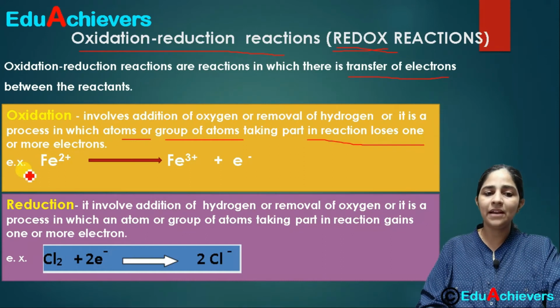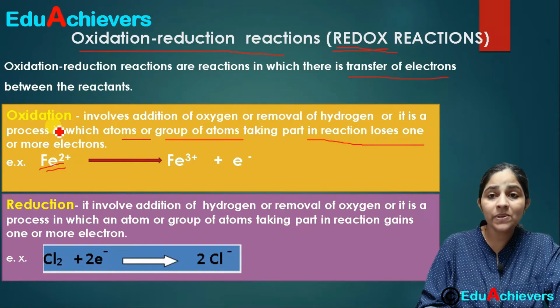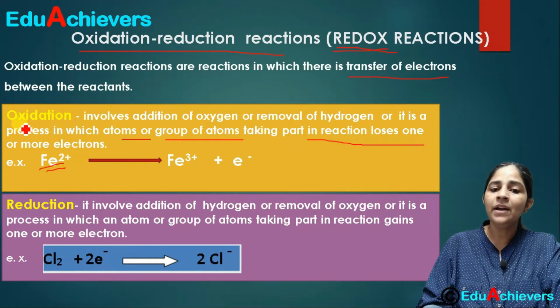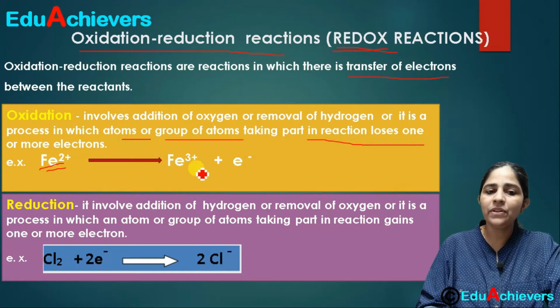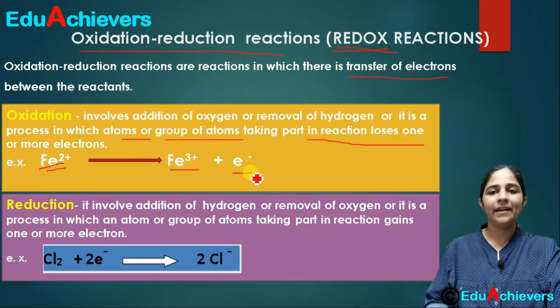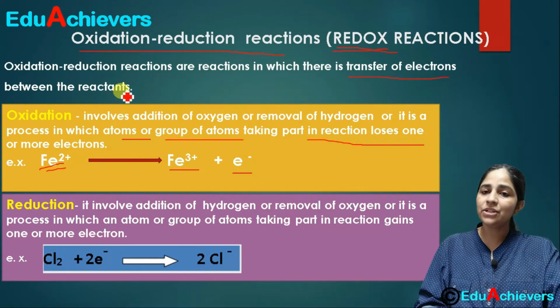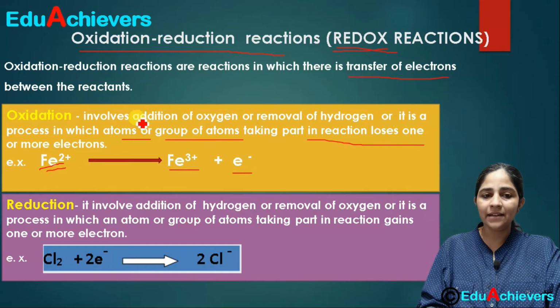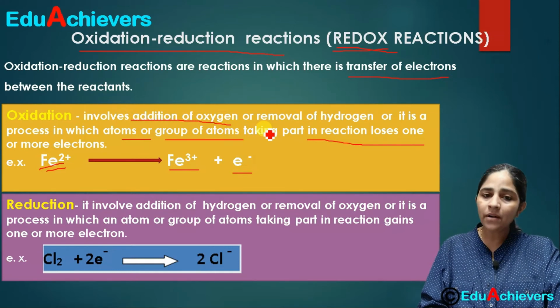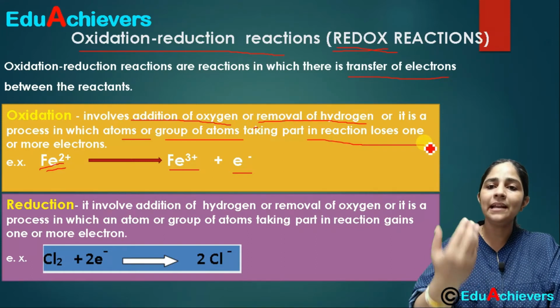So here you can understand that whenever iron is oxidized, in terms of losing electrons, Fe3+ will be formed and the electrons will be given to some other ion, correct? In formation of a compound. So oxidation involves either addition of oxygen, or removal of hydrogen, or losing an electron.